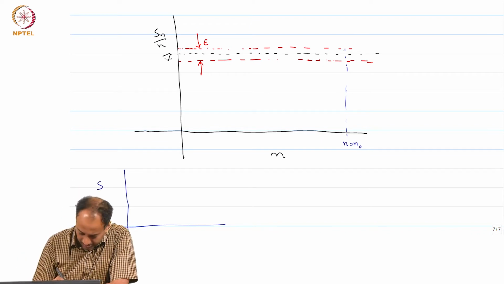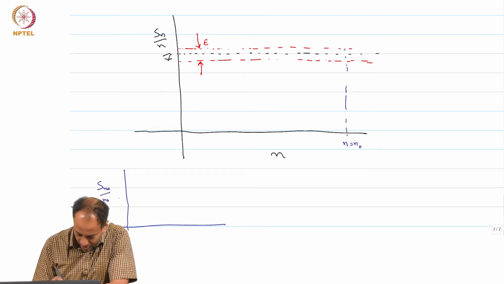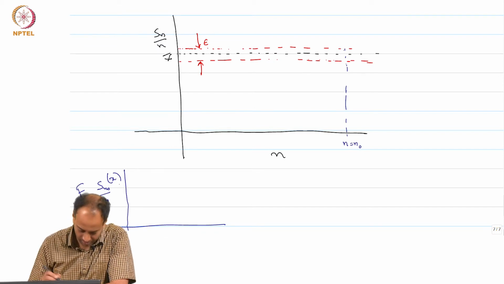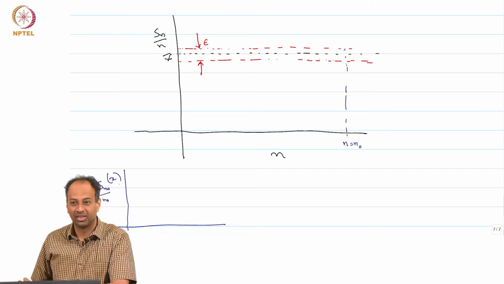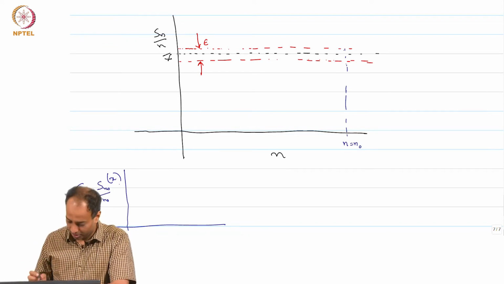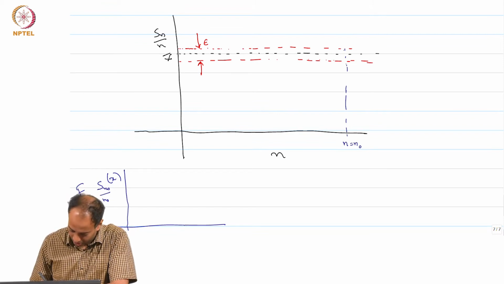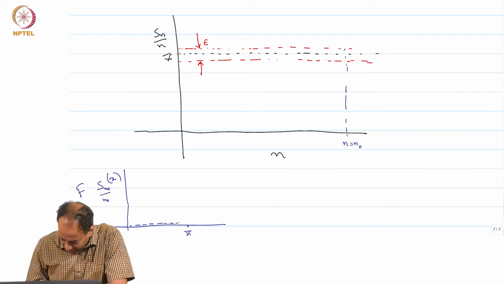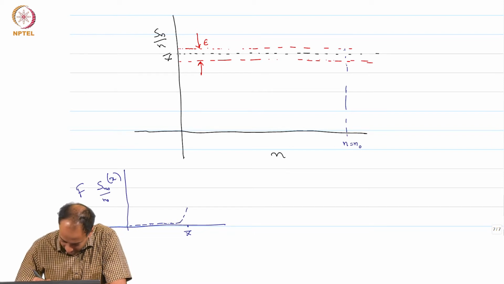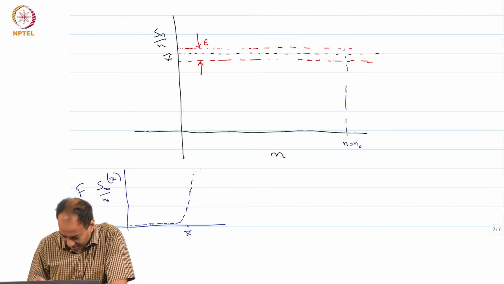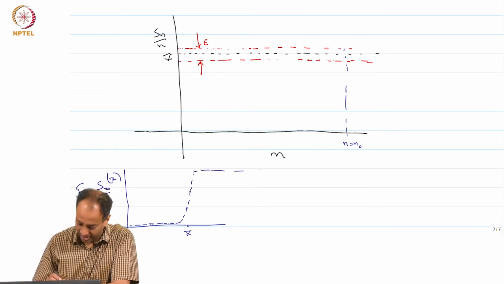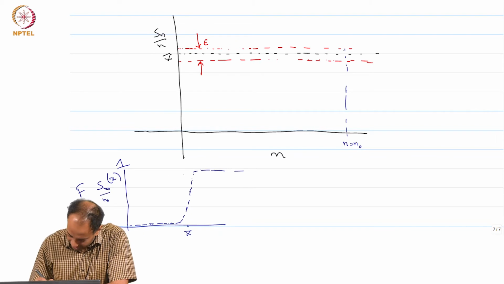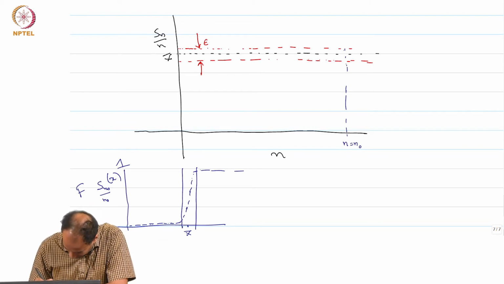So, you fix n naught and look at the CDF of S n naught over n naught. So, that is x bar. The CDF will remain quite flat and then suddenly take off very quickly and reach 1.